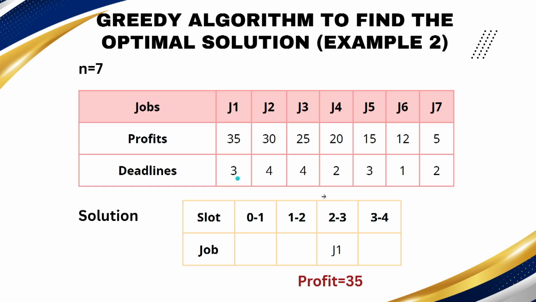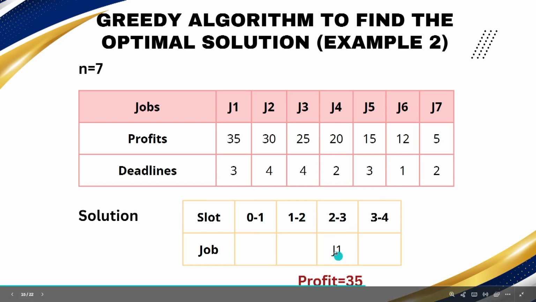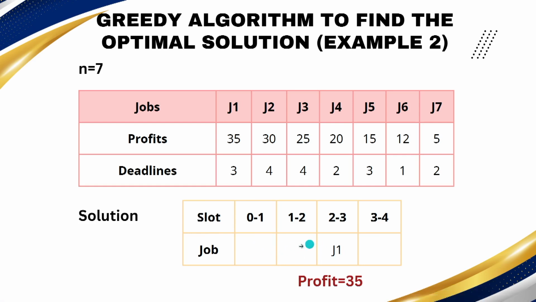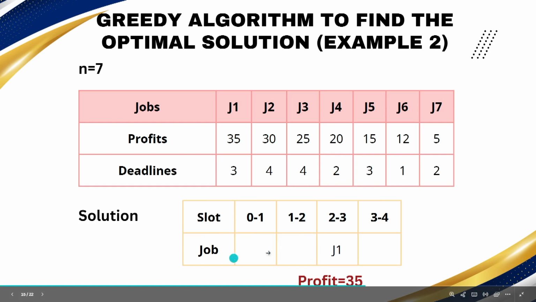So, I choose the slot till 3 for the first job. The reason for choosing the time slot 2 to 3 for the first job is that we may have some other jobs whose deadline falls well ahead, right. So, only if those slots are kept empty will we be able to accommodate some other job with slightly lesser profit in those slots. That is the reason why we put job 1 in the third slot instead of taking up the first 2 slots.